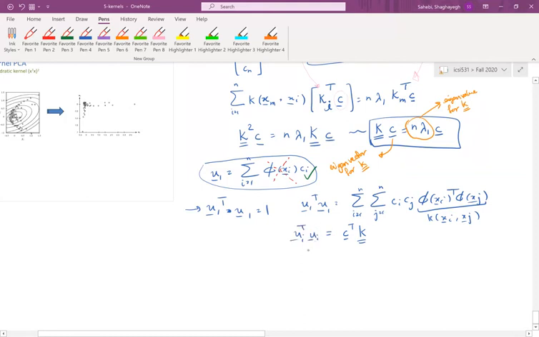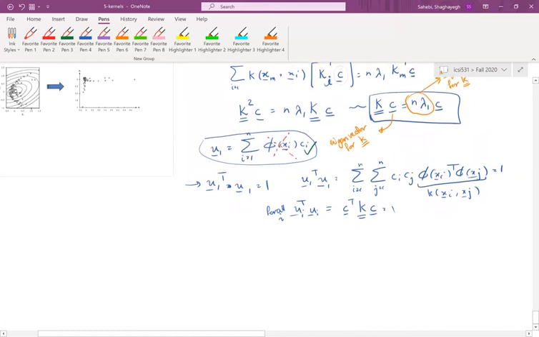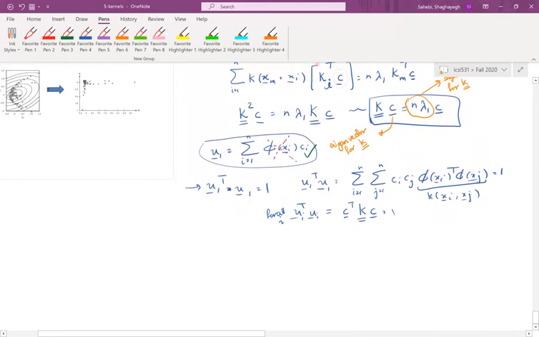For all i's, and multiplied by C, right? And I want this to be equal to 1, and I want this one also to be 1. So this is my new constraint that I have.